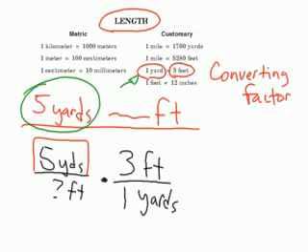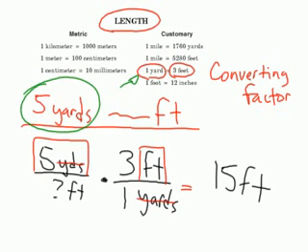Notice that yards is on the bottom, which allows me to cancel it out with the yards on top. And what am I left with? Feet. Now it just turns into straight across multiplication. 5 times 3 is 15 feet.